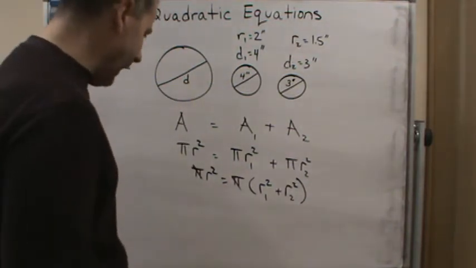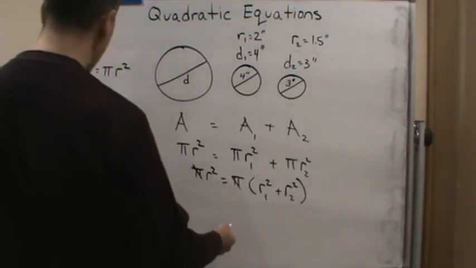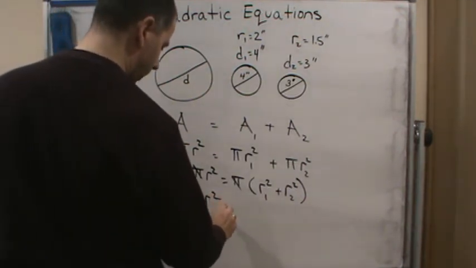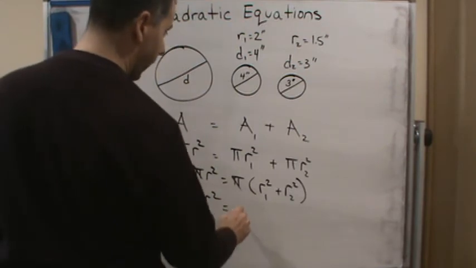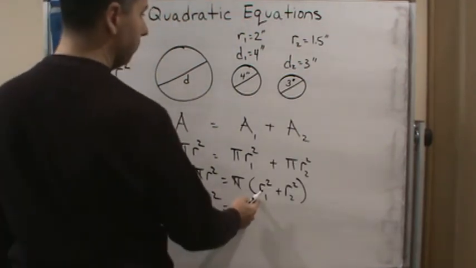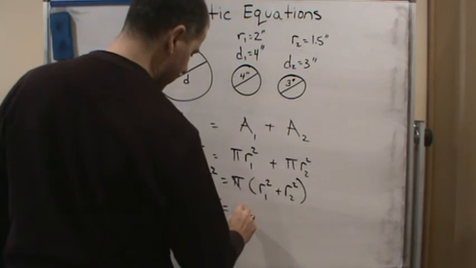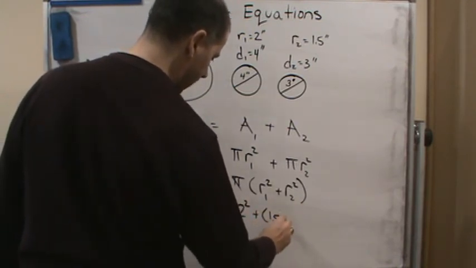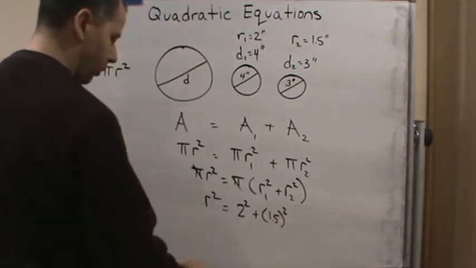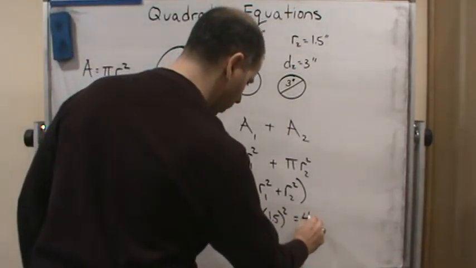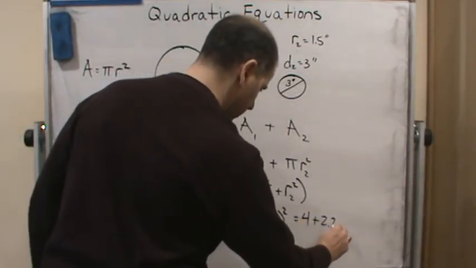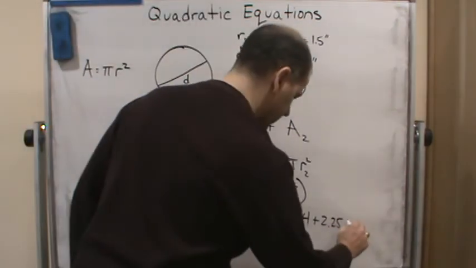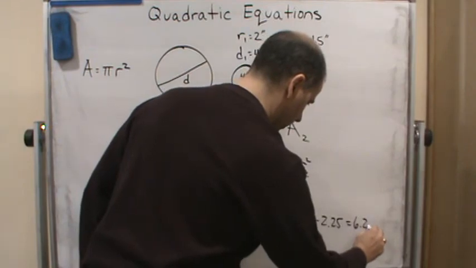We get r squared equals what? r1 is 2, so we get 2 squared plus 1.5 squared. Well, this is just going to equal 4 plus 2.25. Okay? And then this is just obviously going to equal 6.25.